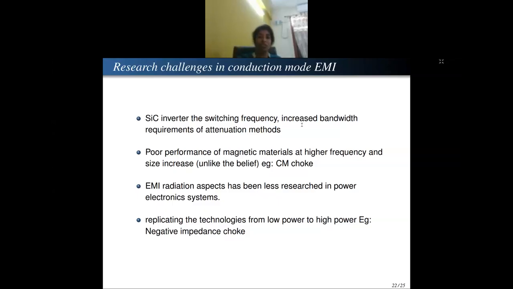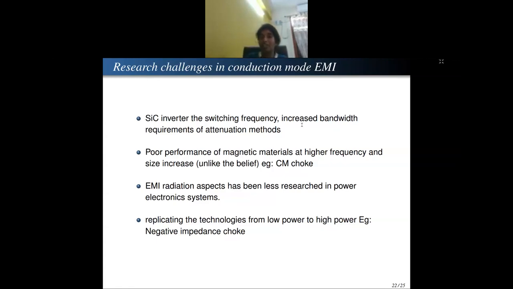So one way is you find an alternate solution for a choke, which is not feasible. People are working on the material side to improve the magnetic performance of the chokes. There is a belief, and it is true also, that if you keep increasing the switching frequency, the size of the magnetics would go down. There is a problem when you go to higher and higher frequency.